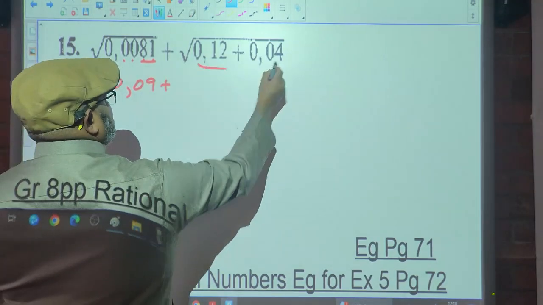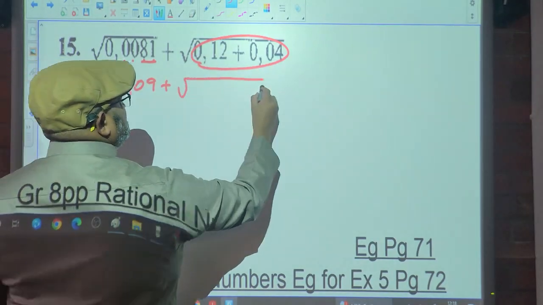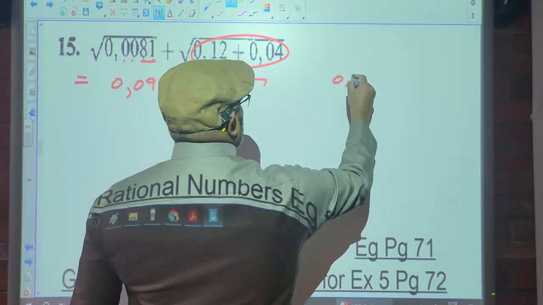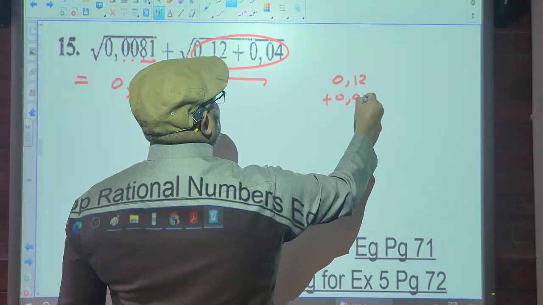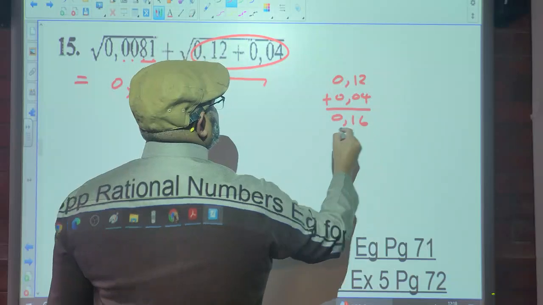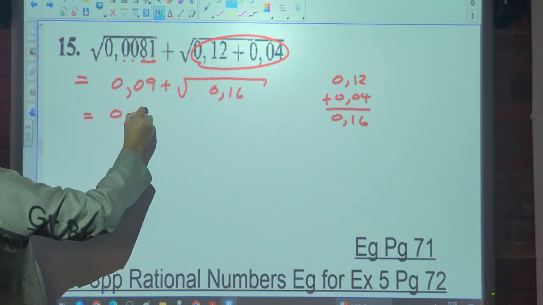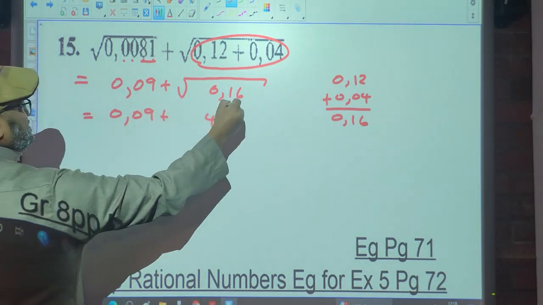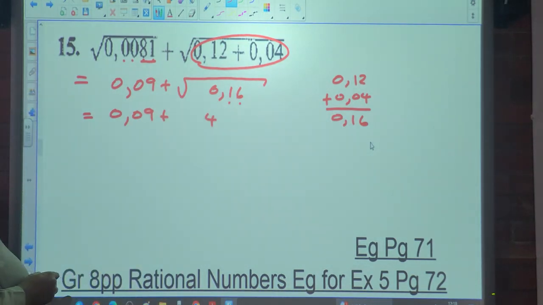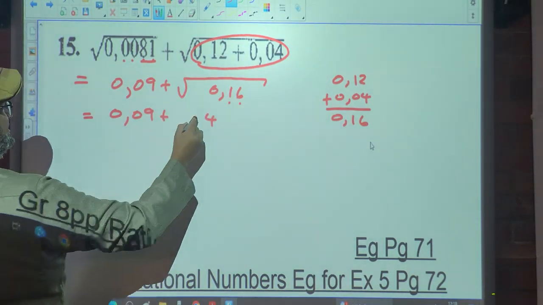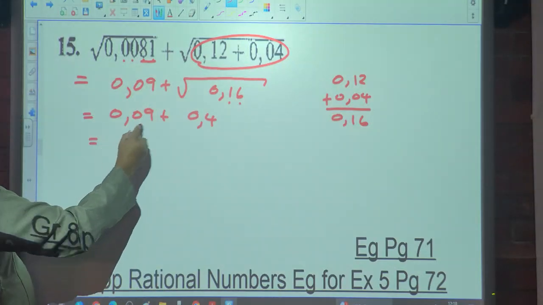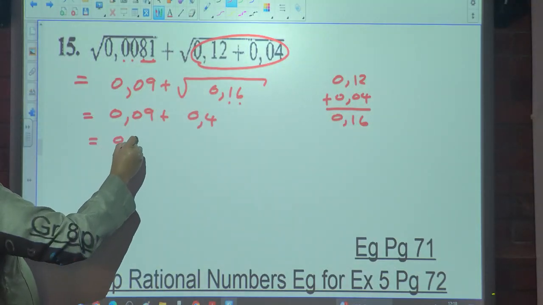Plus. So we have to add that first. 0,0012 plus 0,0004 is going to give you 0,0016. The square root of 16 is of course 4. And there's 2 digits after the comma. 2 divided by 2 is 1. So 1 digit after the comma. That is simply 0,04.